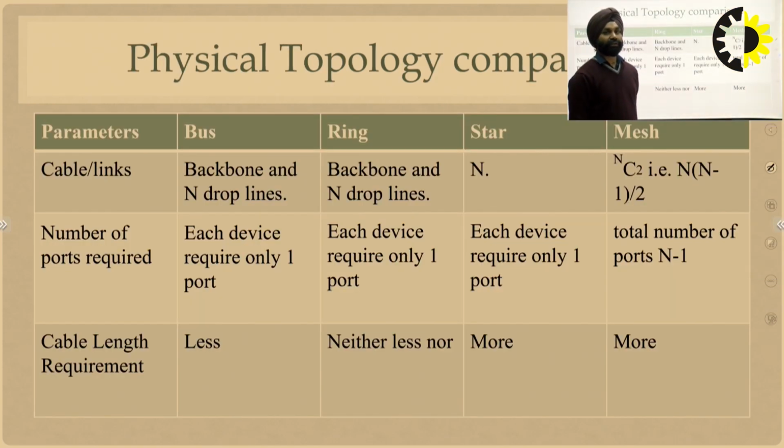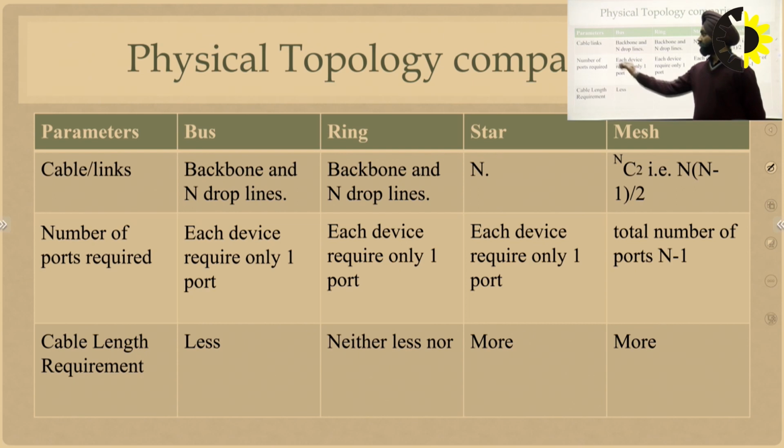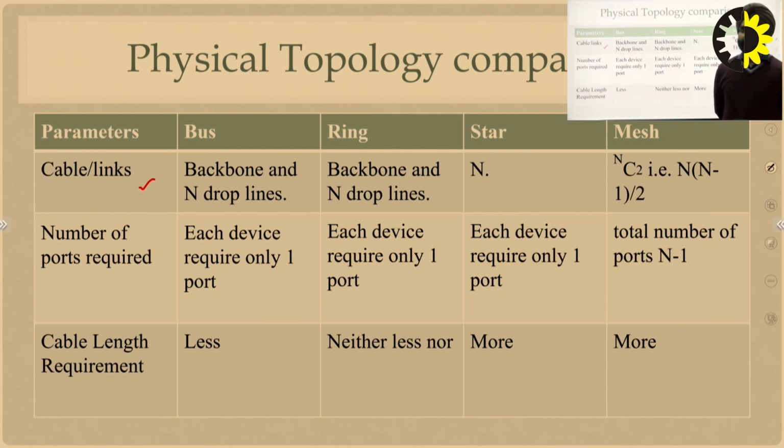If we compare these topologies, there are different criteria on which we can compare. First of all, the links, because this is the major cost of setting up a network. As the links increase, the cost of the physical setup of the network increases.